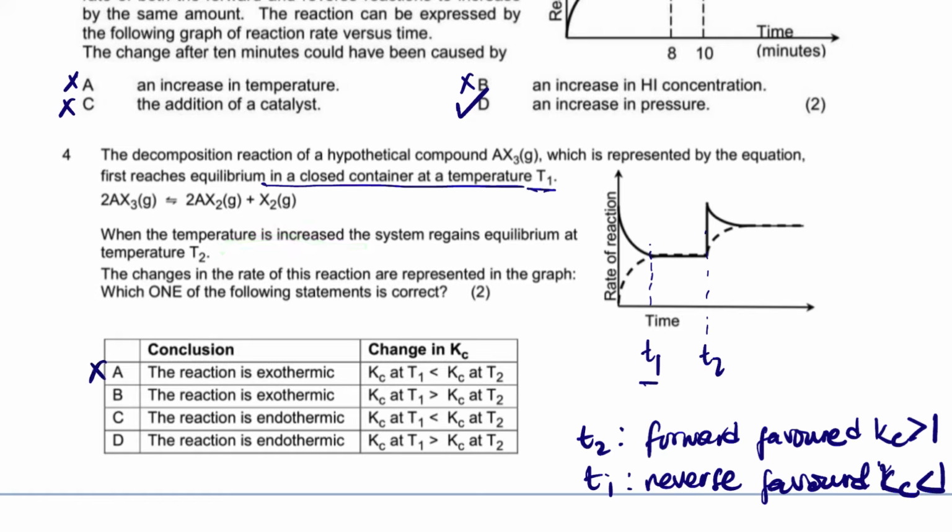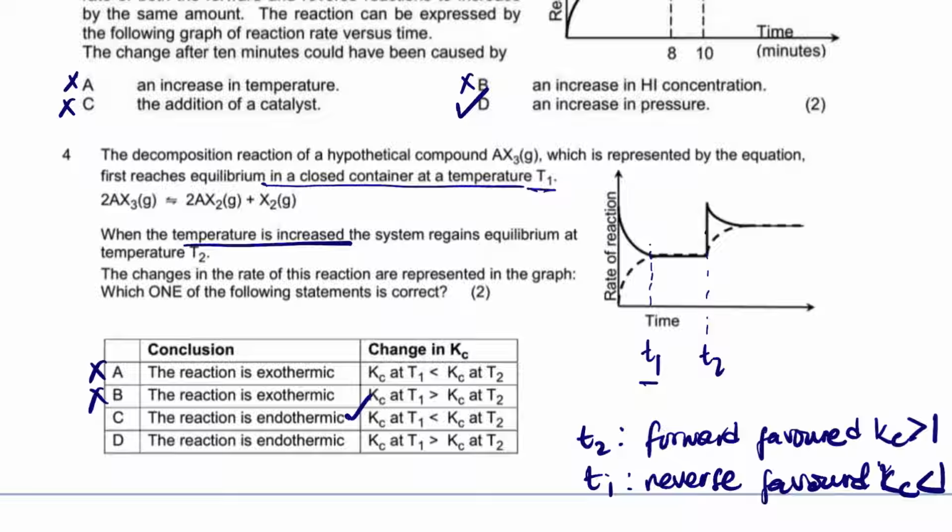That's not exothermic reaction, because the increase in temperature favors endothermic reaction. So the answer is between these two. Endothermic reaction, that's correct. Now it says Kc at T1 is less than Kc at T2. Yeah, that's correct.